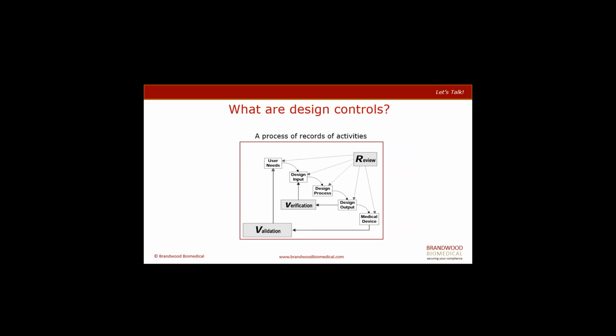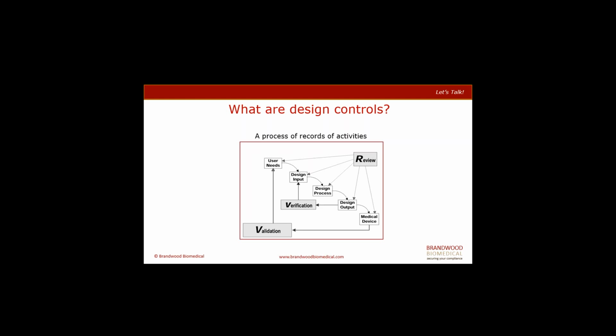So what are design controls? It's a process, and in this diagram I've identified the probably well-known waterfall process, but detailed to show the aspects of most of the design controls as detailed in the regulations.